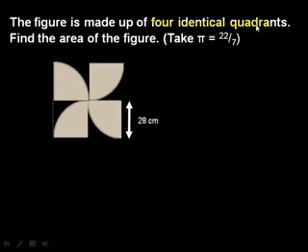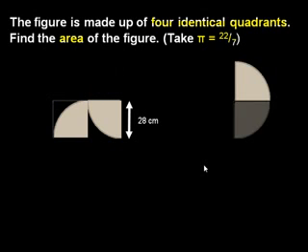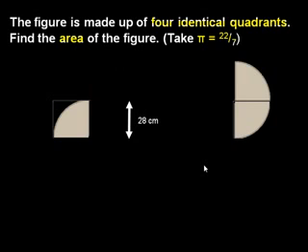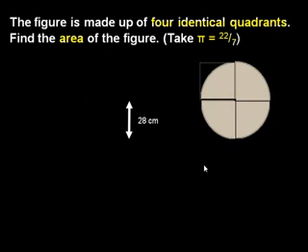So we are given 4 identical quadrants. One quadrant is 1/4 of a circle. And we are supposed to find the area of the figure. Pi is 22 over 7. Now, these 4 quadrants form one circle. Watch. Suppose I take out this quadrant, I can put it here. Another quadrant forms the semicircle, then the third quadrant, and the last quadrant, and now I have a full circle.